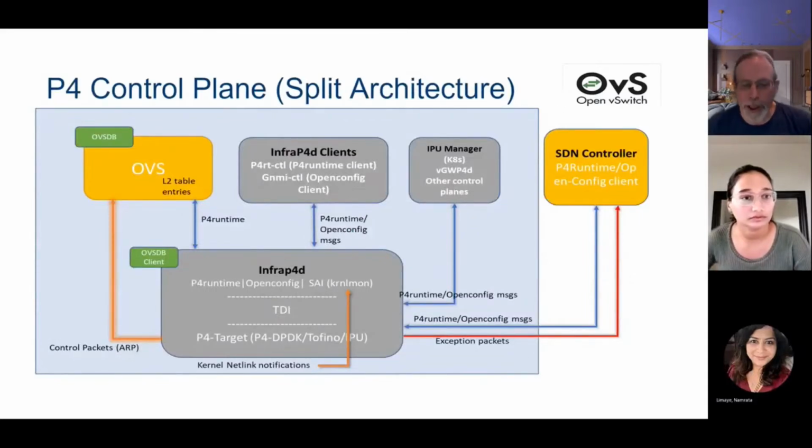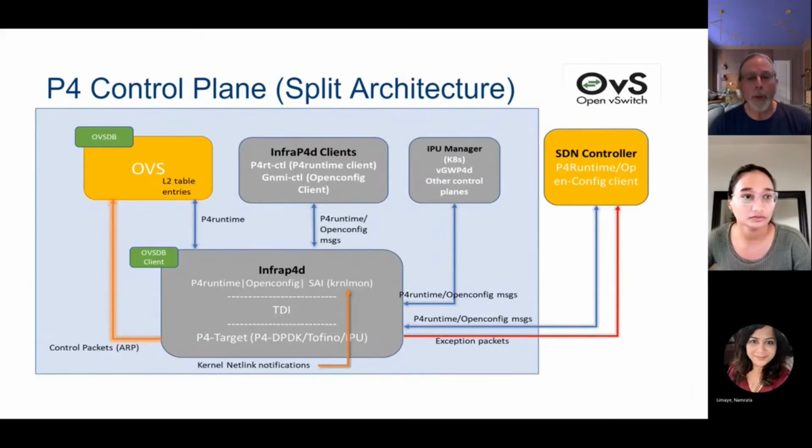Okay. Physically, we have removed the foreign components from OVS. The codebase now consists of a super project, which has OVS and Stratum as submodules and peers at the source code level. Logically, we've created a second daemon called infra P4D.